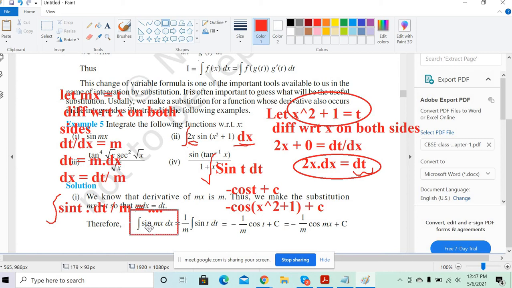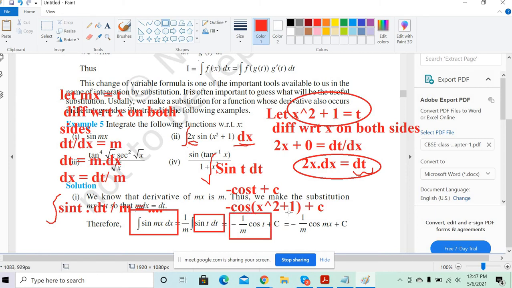Okay. So it becomes 1 by m. Anyway, m is a constant value, right? So 1 by m comes outside of the integration sign, and finally you need to integrate sin t dt. When you integrate sin t dt, the direct formula gives minus cos t. So your answer will be minus cos t by m, plus c, and after that you substitute the value of t.